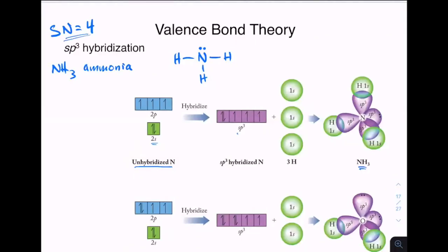Now, take a look at what's present in those sp3 hybrid orbitals. Let's just look at the diagram right here. One of them has a lone pair.